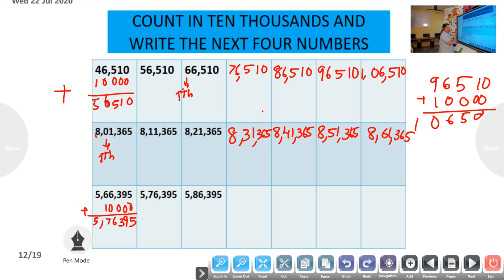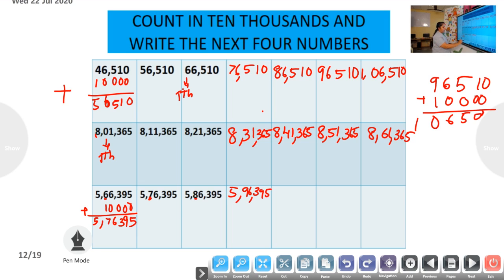So you are getting 5 lakhs, 76,395. So the 10,000 place is changed. 6 changes to 7. Then 7 changes to 8. Then in the 10,000 place, 5 lakh 96,395.